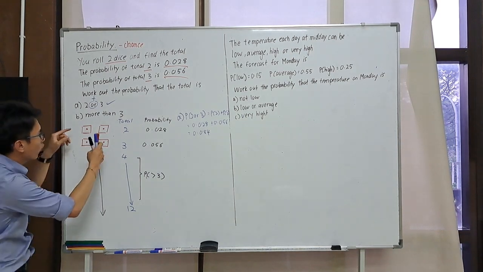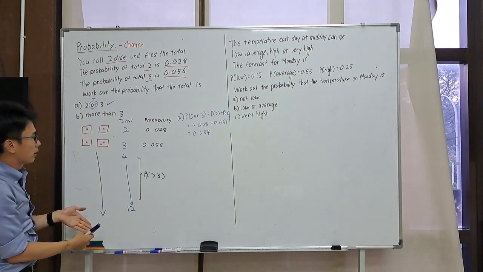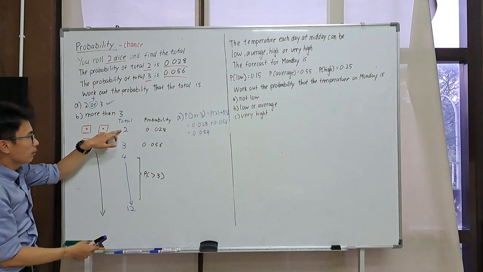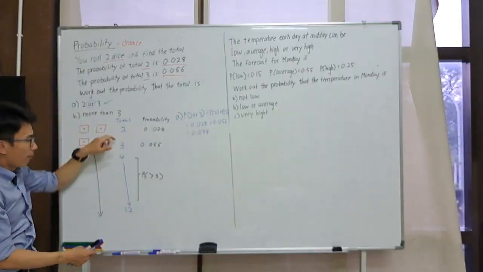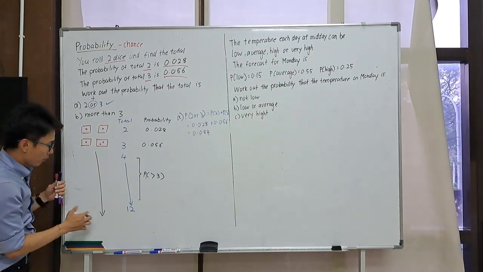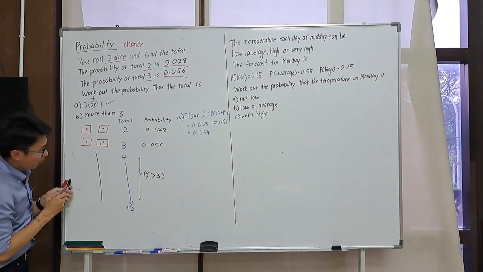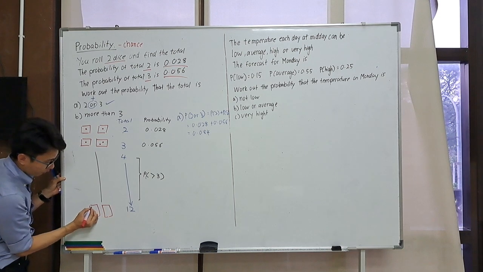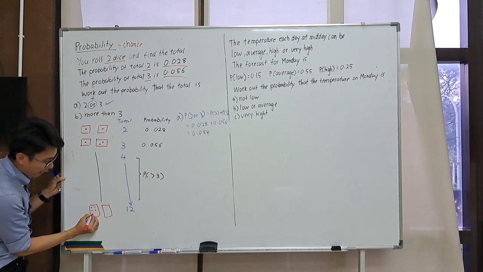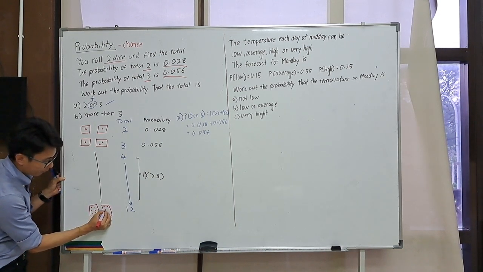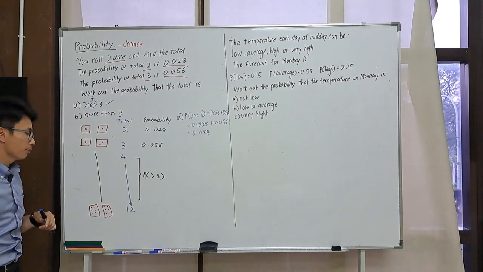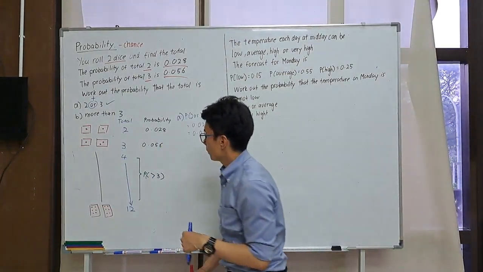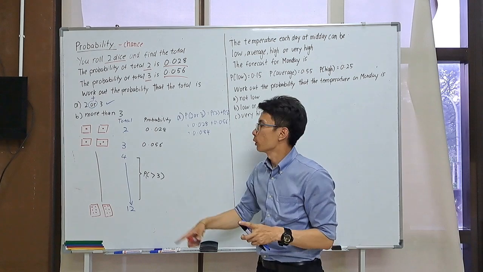Now when I have all the events listed down over here, from a total of 2, this is the minimum that I can get. The maximum is 12, correct? Because the maximum, my dice will look like this. This is the biggest outcome that I can get.